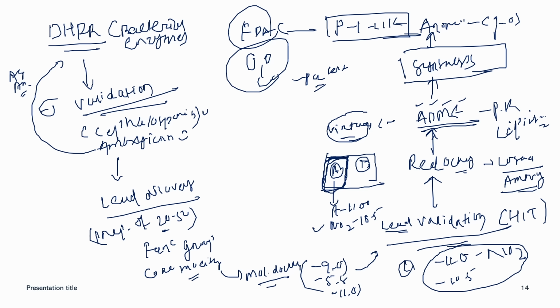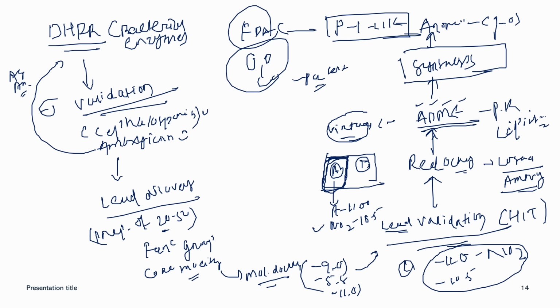Then you file a patent for this molecule you have discovered, and it is approved by the FDA. So this is the whole journey of the drug, from computer aided drug design to human beings. We virtually created a molecule, then we go through all these steps, then synthesis.